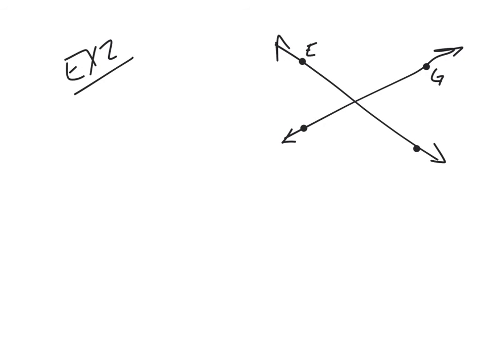E, G, J. Let me just finish this. Okay, so give me another name for segment GH. See how the segment doesn't have arrows on top?